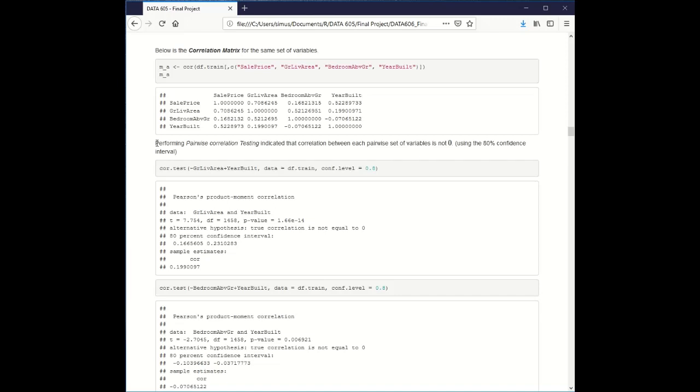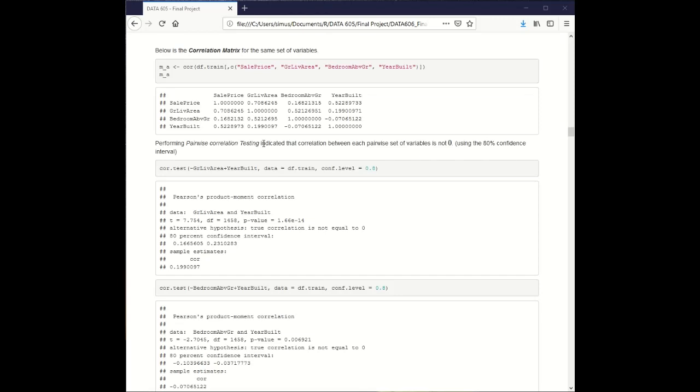So here we're performing a pairwise correlation test that the correlation between each pair of variables is not 0. Our null hypothesis is that the correlation between the pairwise set of variables is 0.